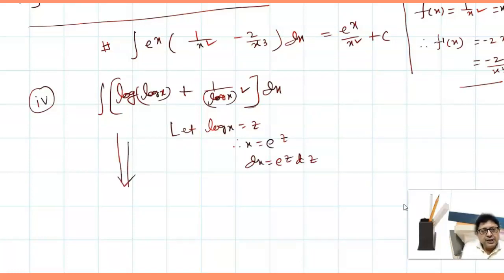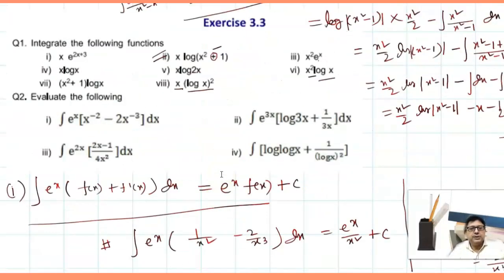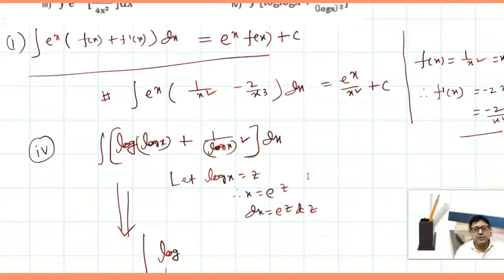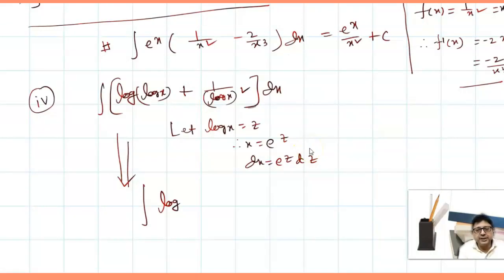Now change this one. So this is log of log x plus 1 by log x whole square, so log of z plus 1 by z square, multiplied by e to the power z dz.